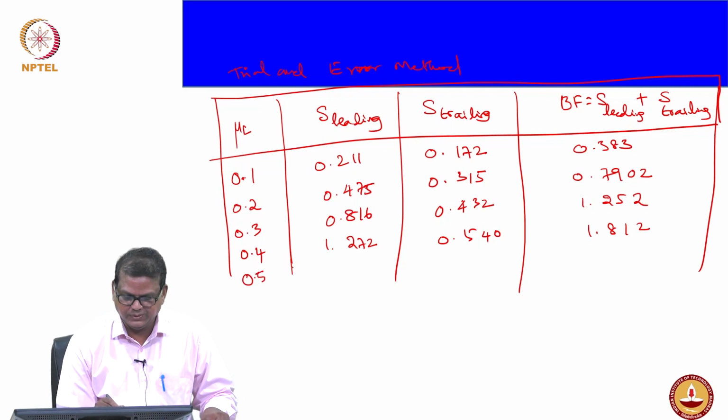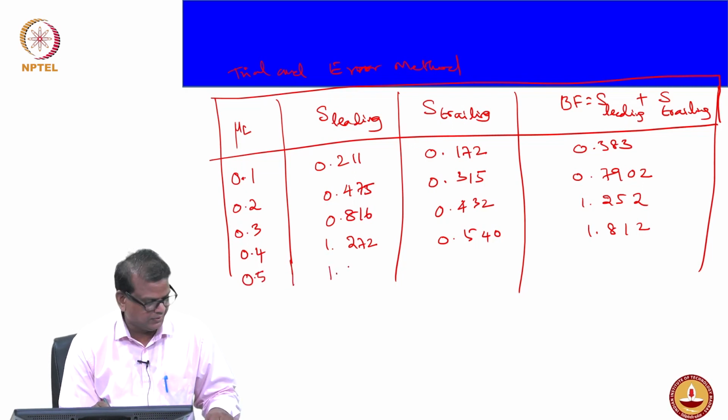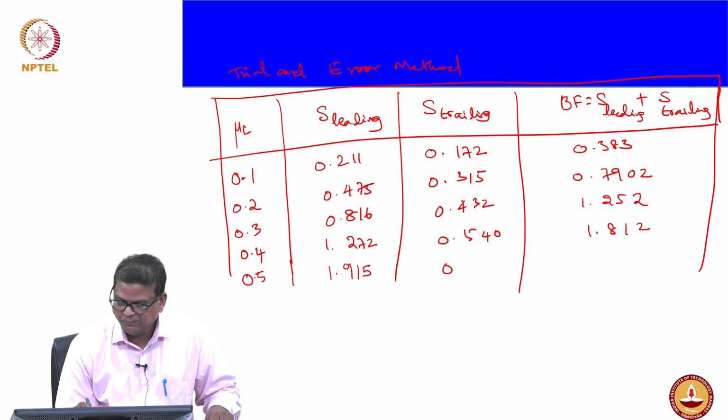Then 0.5, so that will give 1.915, 0.629, and 2.544.